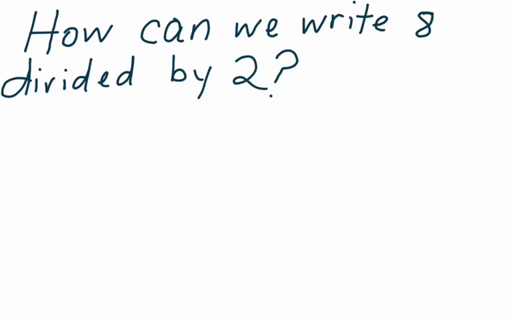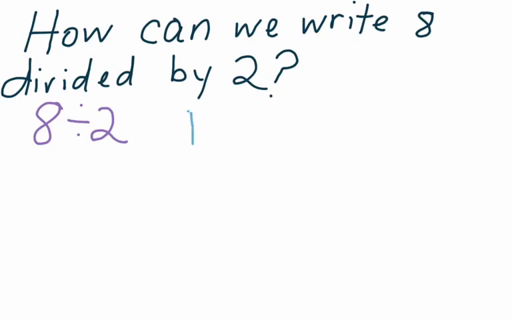We can draw a model, we can write an array, we can use a division symbol, and you may even want to use a fraction. If we were to write 8 divided by 2, we can first show it using the division symbol. That would be the most common way.